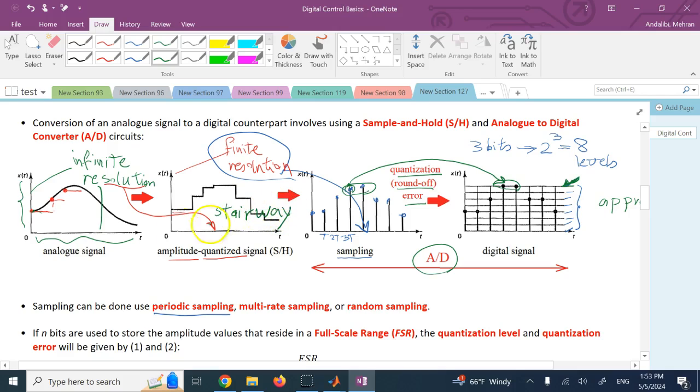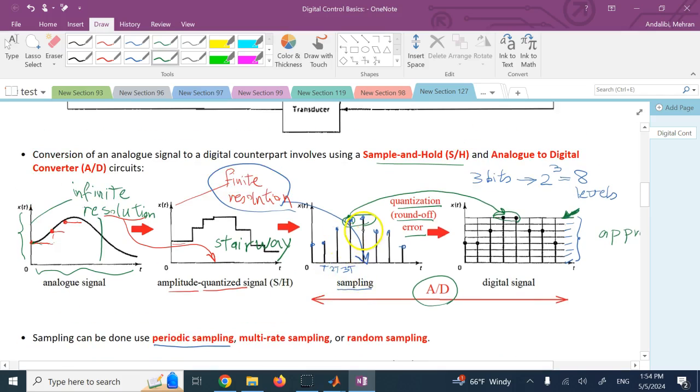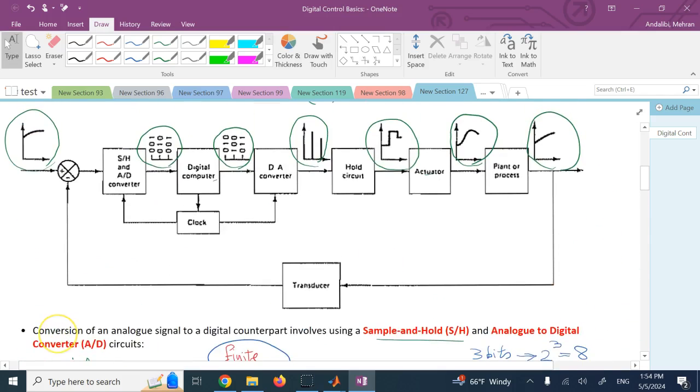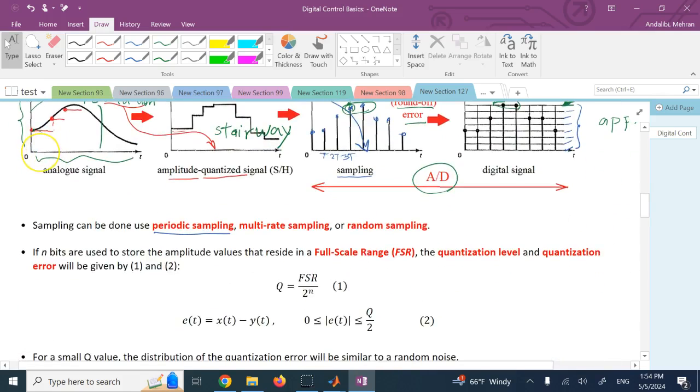Then we call it the sample and hold. Now, how do you physically do that? We're going to see something about the hold circuits and so on. My goal is not to go through all hardware details, but I want to give you an overall view of what it is that you are doing in a digital control system.